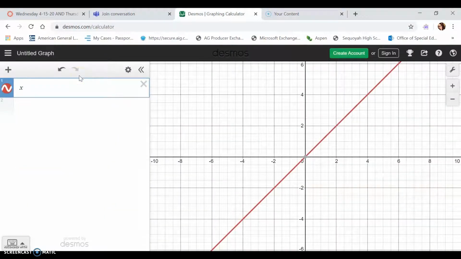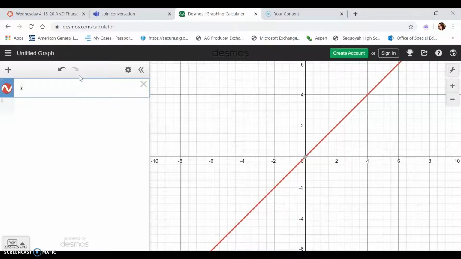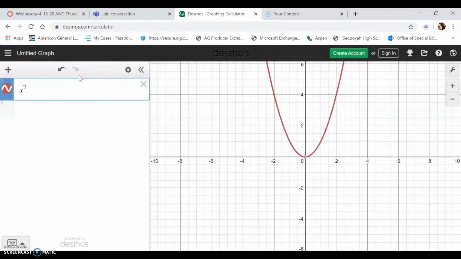Parent function is x squared. Okay, so that is your parent function.